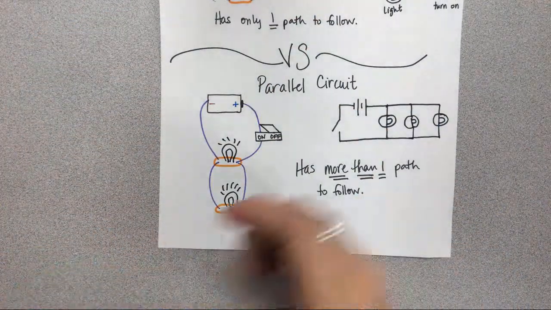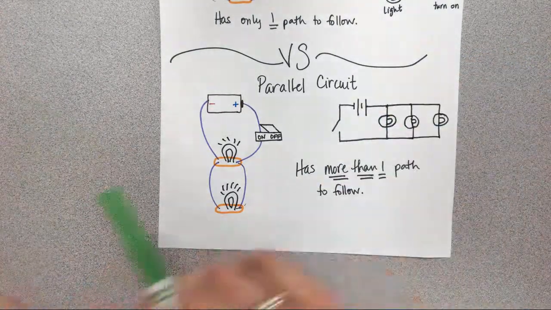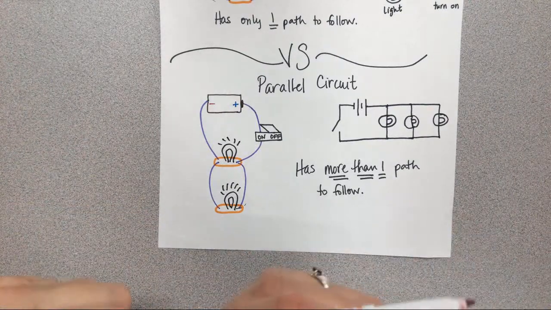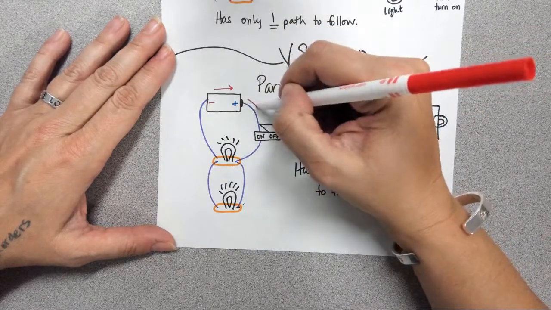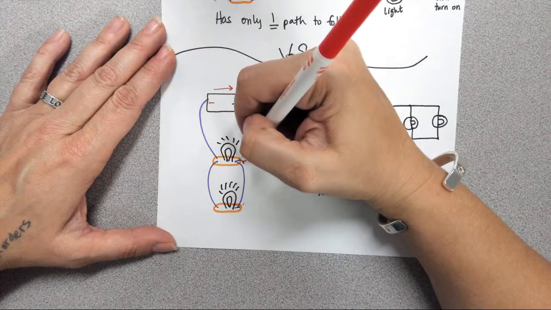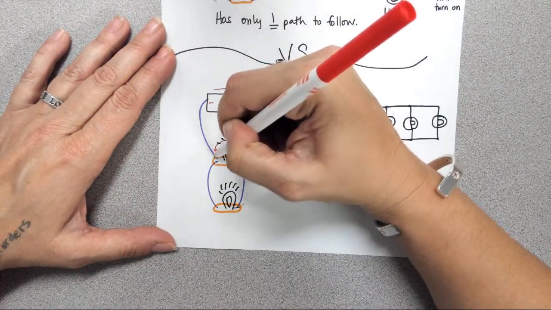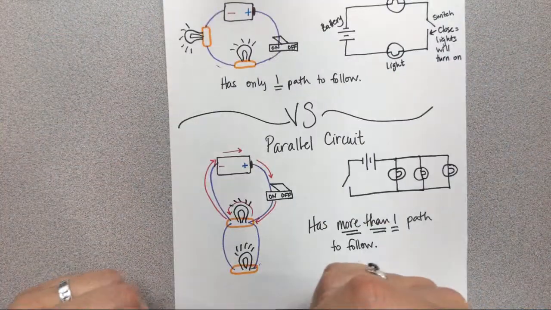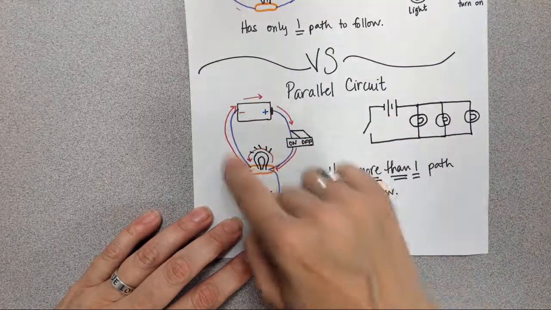Now, let me show you something in a parallel circuit. The electrons are moving. It's going to go through this light, up through this wire to the battery. So this light has its own path.